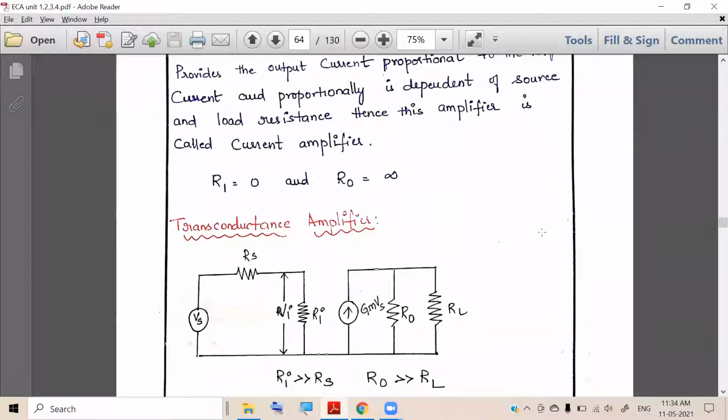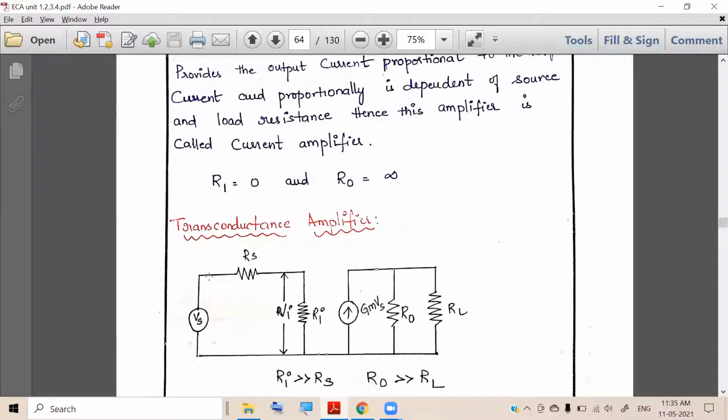Transconductance amplifier means, conductance is current by voltage. So transconductance means output is current, input is voltage.